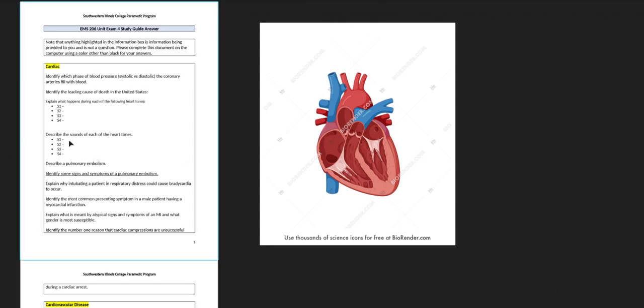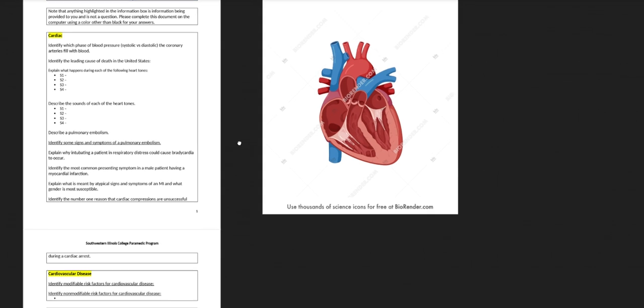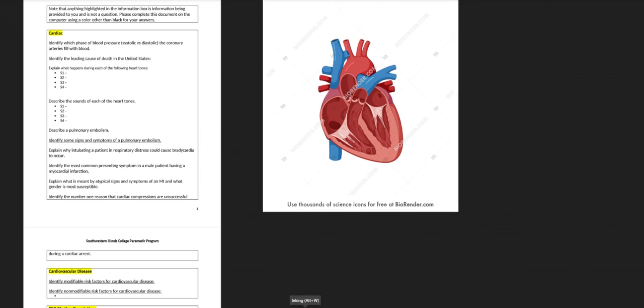And it says describe the sounds of each of the heart tones. And I don't know how to do that. I'm not a music major, so the only thing I can say about that is the order of them. Which is like this.